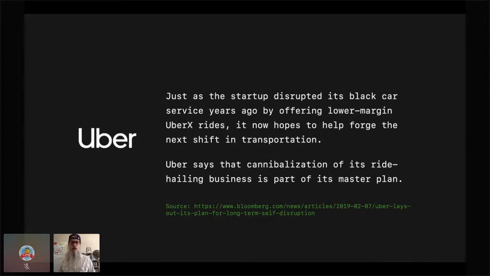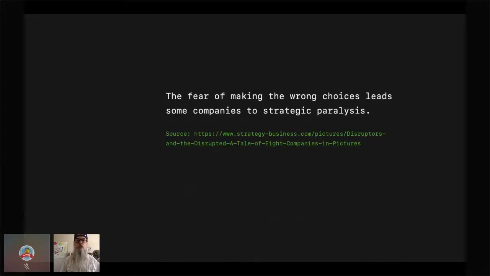Now they're buying and getting into the industry of motorized scooters and bicycles with the intention of cannibalizing or disrupting their rideshare service. So they're proactively thinking about ways that they can innovate and evolve into the future. The fear of making the wrong choices leads some companies to strategic paralysis. This is something we need to think about as a community.